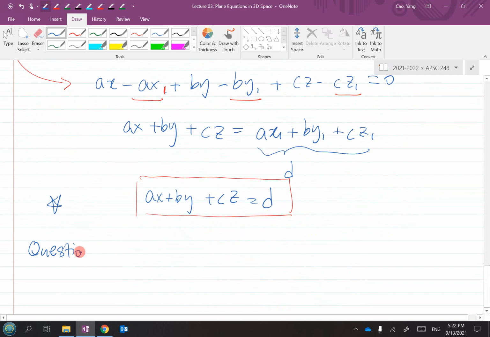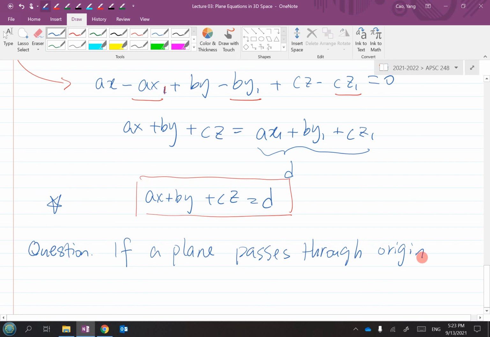Okay, so now let me ask you some questions, and let's see if you have an initial understanding of this plane equation. So let's use this one for the current question. The question is, suppose that you have a plane which passes through the origin.